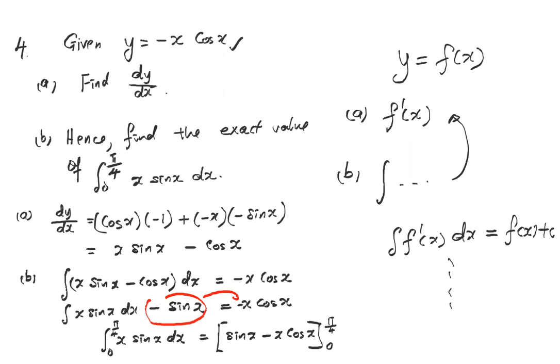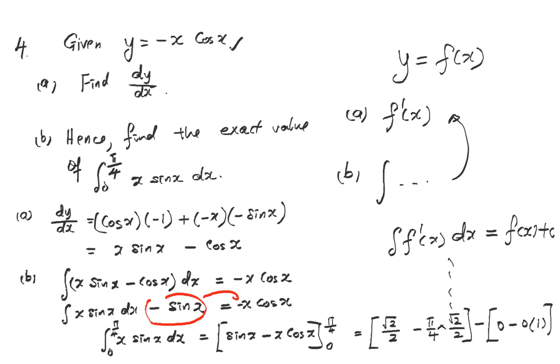So now I straight away substitute pi by 4. Sin pi by 4 is root 2 over 2. Take away x, which is pi by 4, times cos pi by 4, which is also root 2 over 2. Take away sin 0, which is 0. Take away 0 times cos 0, which is 1.